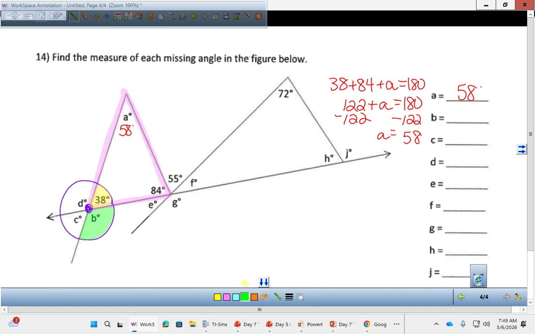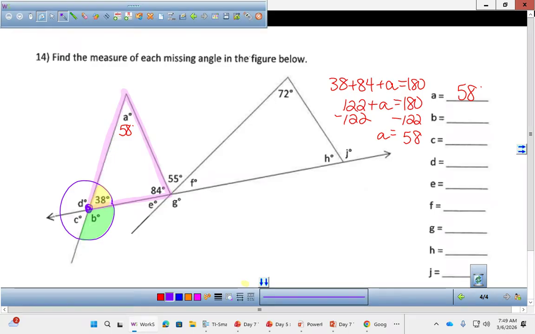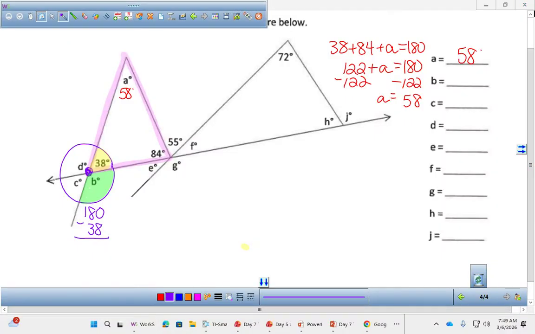So yellow plus green equals 180. Do you guys see that when I'm making that? Okay, so then angle B must have a relationship of 180 minus 38, right? Because together they have to equal 180 degrees. 142. So angle B is 142.